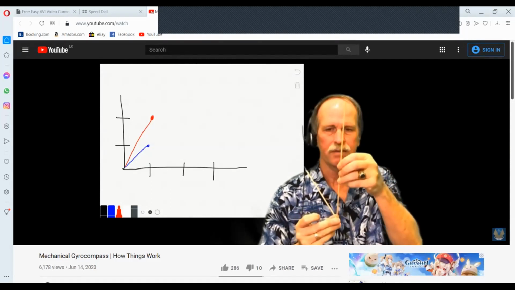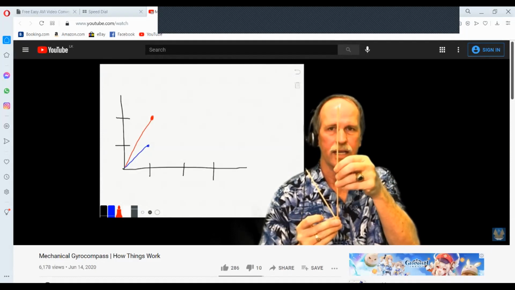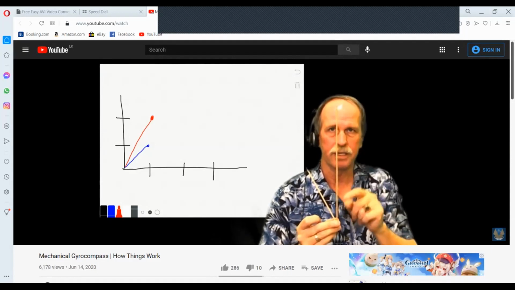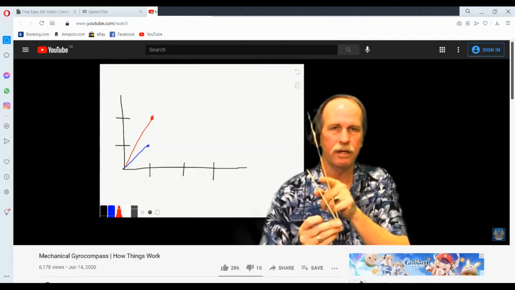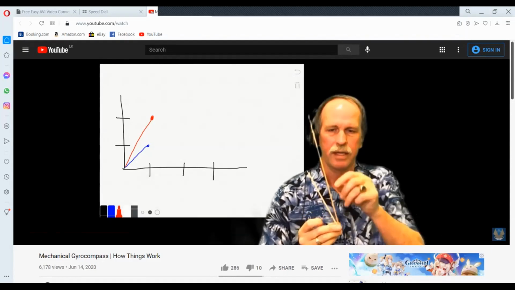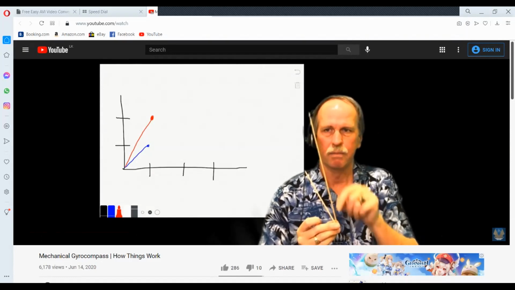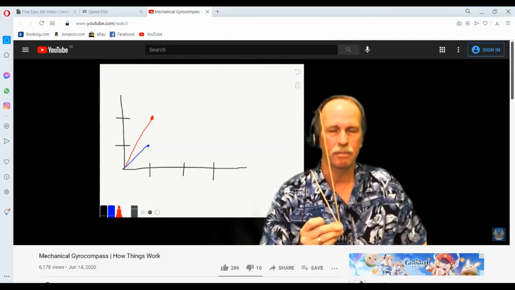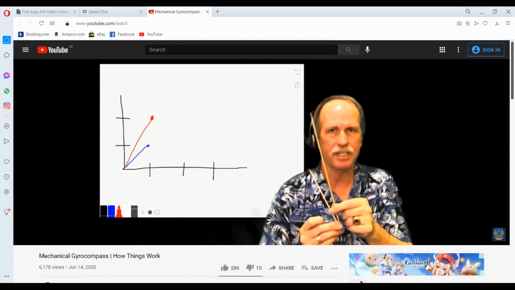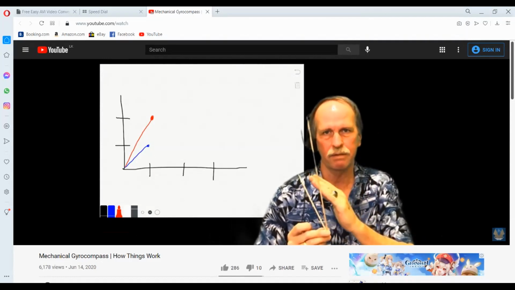But if you have something that's got a lot more angular momentum, like this, and you bend it over the same 2 inches, you notice it doesn't bend quite as far. The angular momentum does not want to be bent over, and the more magnitude that angular momentum has, the more resistant it is to being bent over.